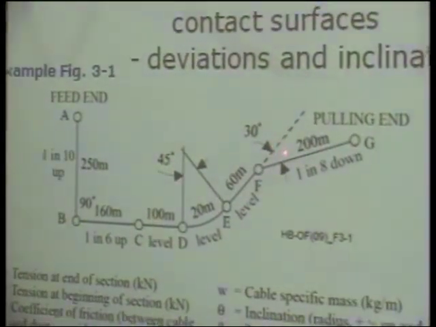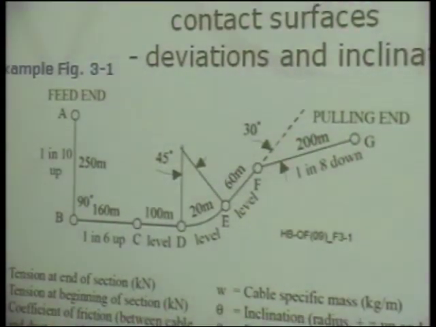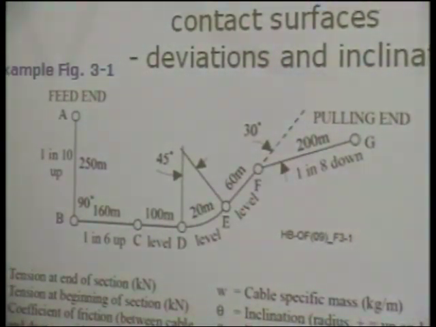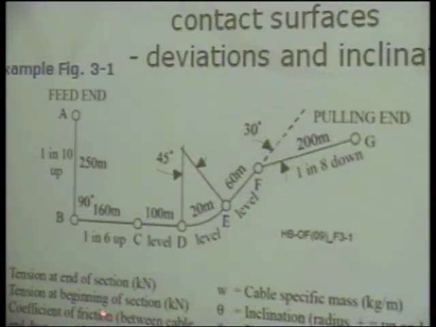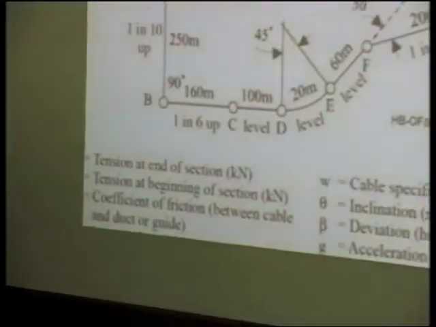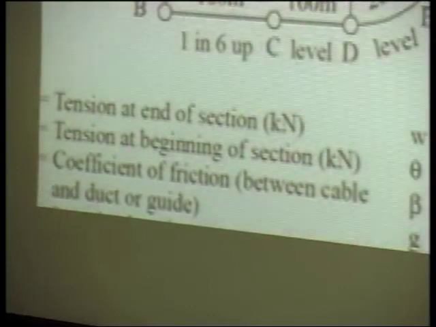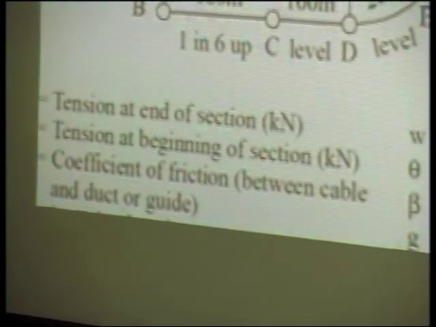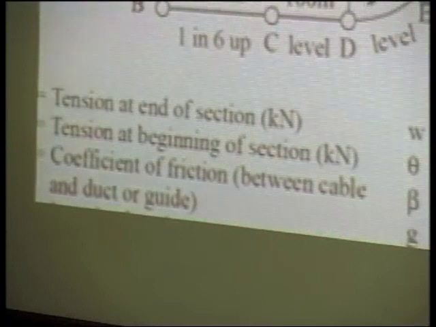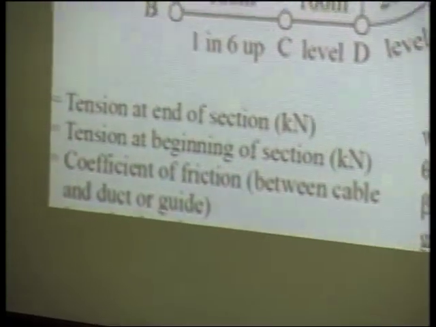We need all the information and also some information about the cable, and we have all the information about the coefficient of friction between the cable and the duct. And of course, this is assuming all the ducts are clean, and even if it's necessary, it's possible to put a kind of lubricant and help the way the cable will move.